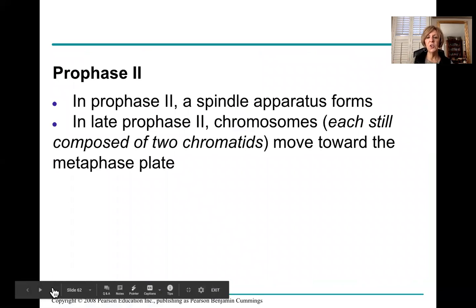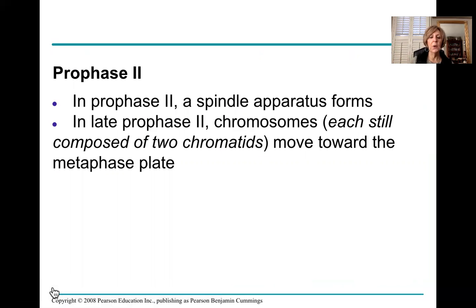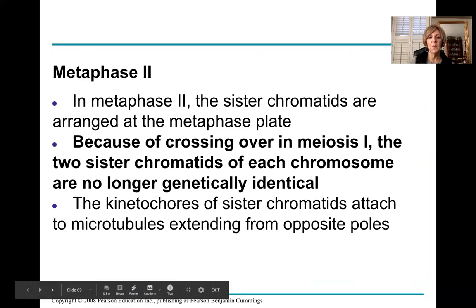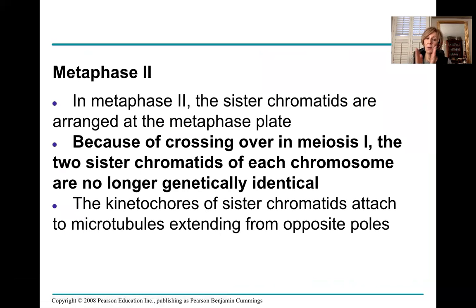So in prophase 2, what is happening? The spindle fibers form, and the chromosomes move toward the metaphase plate. In metaphase 2, they're not lining up in pairs, they're lining up single file just like they did in mitosis, but they're no longer identical. Because of the crossing over that happened in meiosis 1, the sister chromatids are no longer genetically identical.